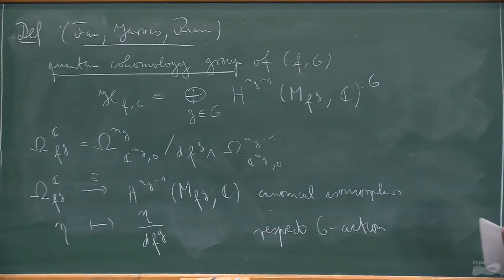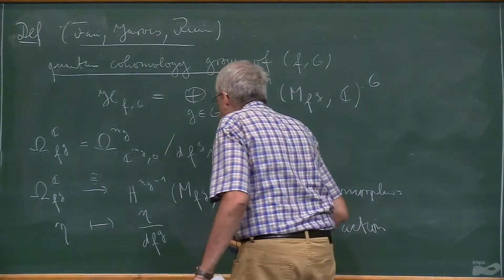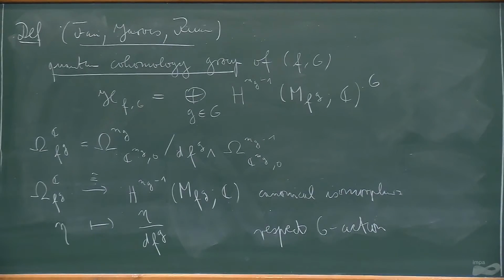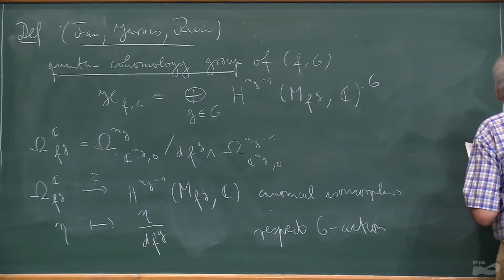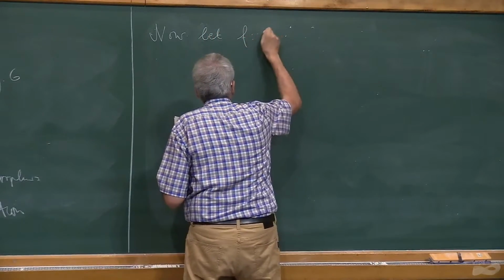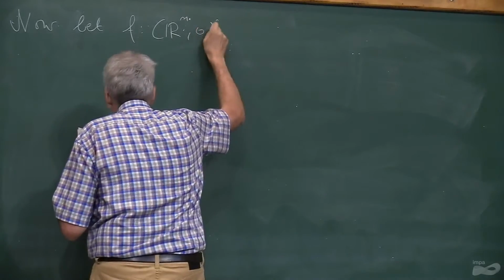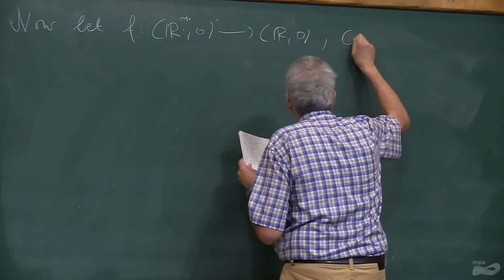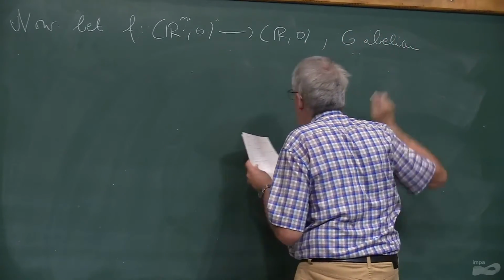So now I come to the application. Now I consider the real situation again. Let F be a real germ, F from R^n, 0 to R, with a real group G, and let G be abelian because we want to apply our theorem.